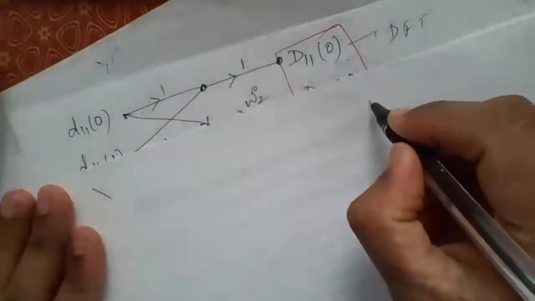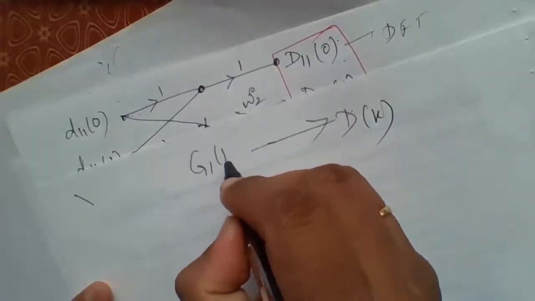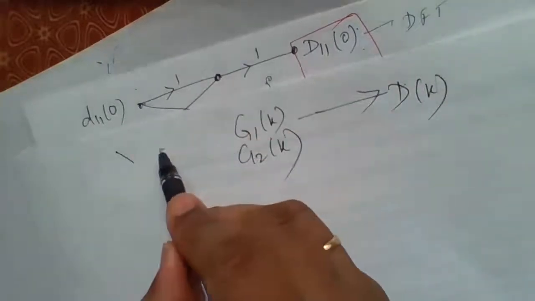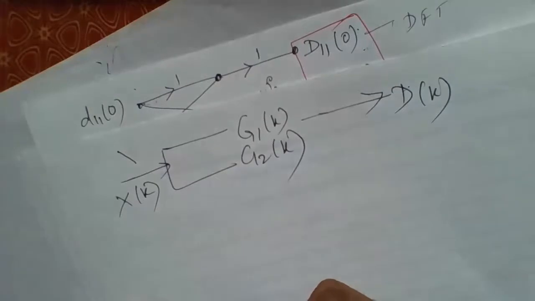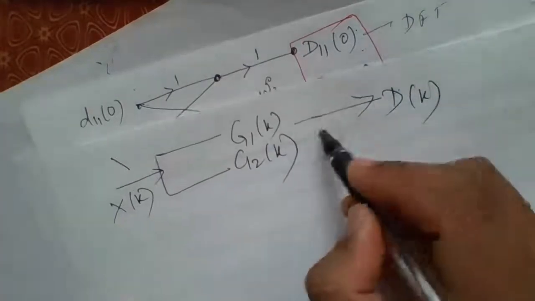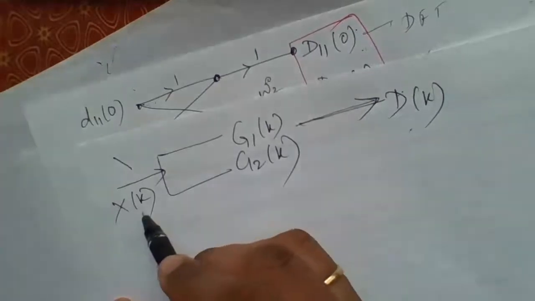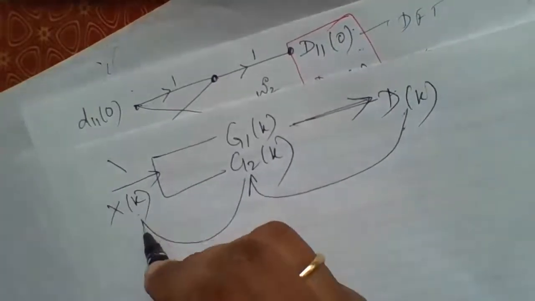All the D of k samples have actually come from where? Either G1 of k and G2 of k. And from where have these two come? These two have come from x of k. So obviously when I want to relate D of k with x of k, it has to pass through this stage and this has to be related with the x.